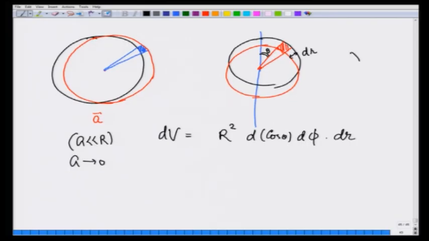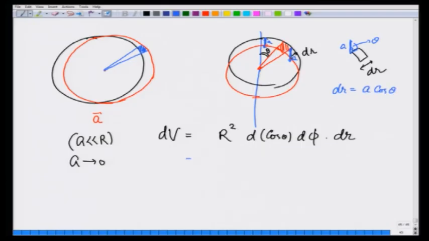So, again I am taking this particular volume element, this distance is dr. How much is dr? Remember what we said? We said these are displaced by distance a. So, this distance here is a, this distance here is a, and this is dr, this angle is theta. So, you can see that dr is a cosine of theta.